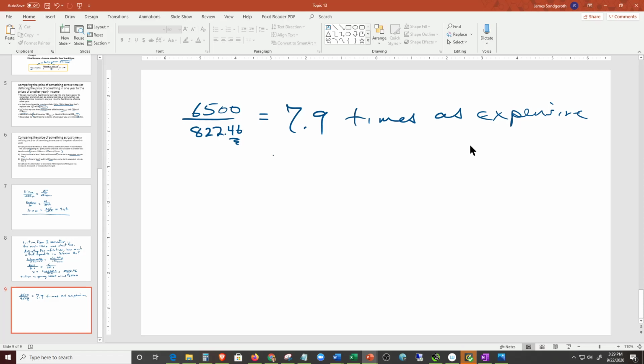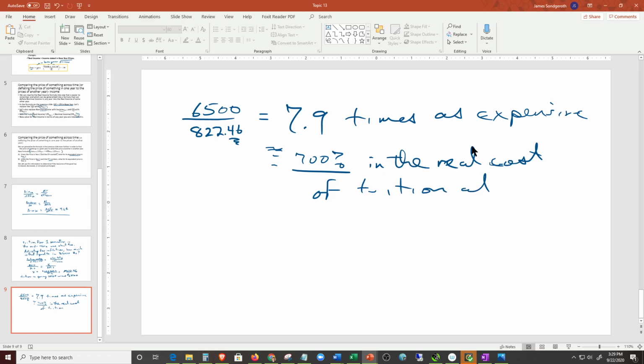So this is actually approximately a 700% increase in the real cost of tuition at UT Austin.